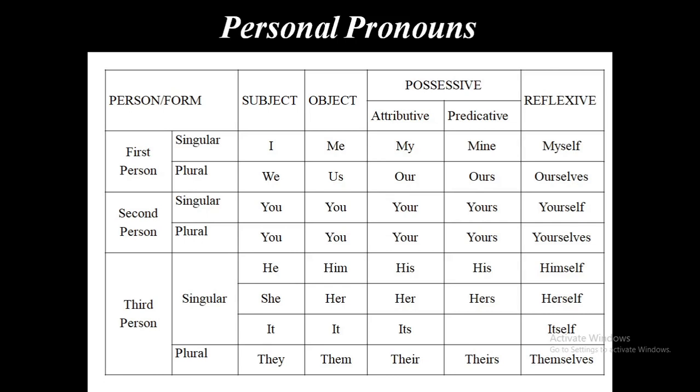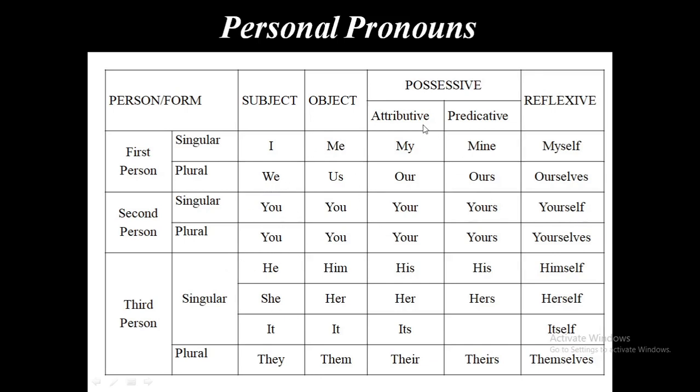If you are bringing from object to subject, then it changes from him to he, her to she. This is the purpose we use it. But we cannot use me in the position of subject. That is the point you will need to remember.